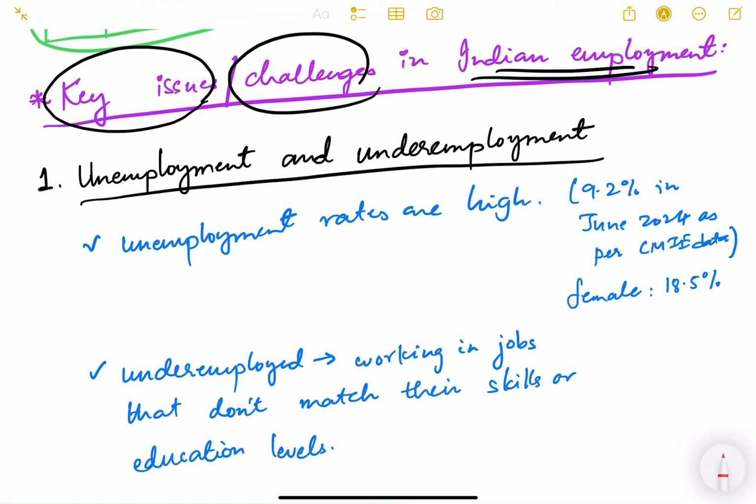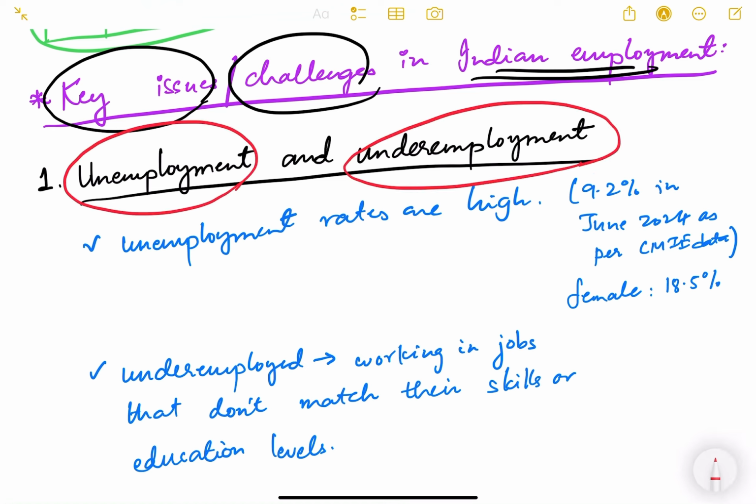The first one being unemployment and underemployment. Let us first understand the difference between these two. Unemployment basically means that a person is wanting or willing to work, but is not able to find employment. Underemployment means that a person is working, but in a job which does not suit his skills or education, which is below his skills or education.